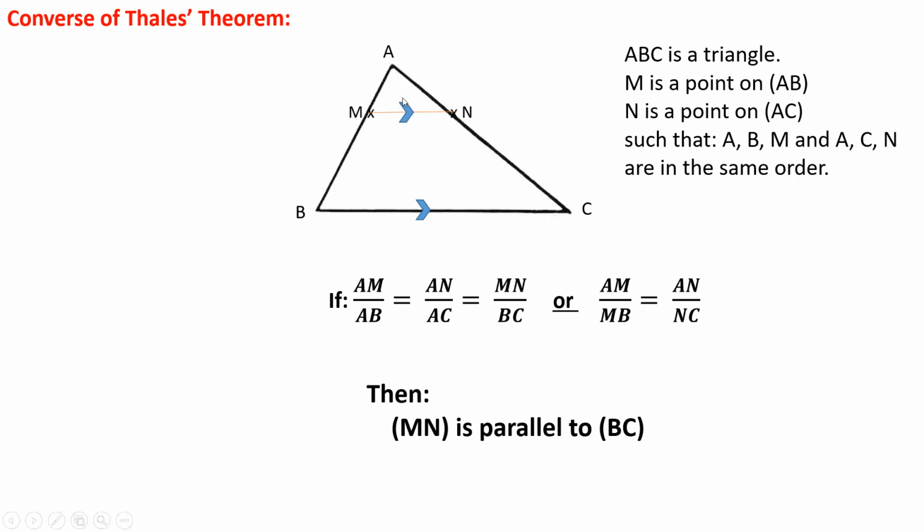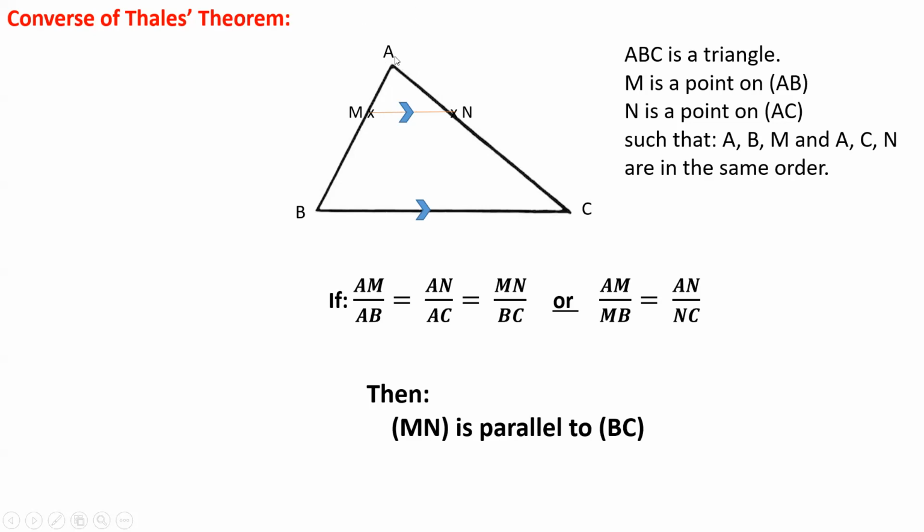Suppose I have a triangle ABC. M is a point on AB and N is a point on AC. I'm given AM, AB, AN, and AC. I should prove that MN is parallel to BC. So I say, in triangle ABC, I get the ratio AM over AB, I calculate it and I get a result.